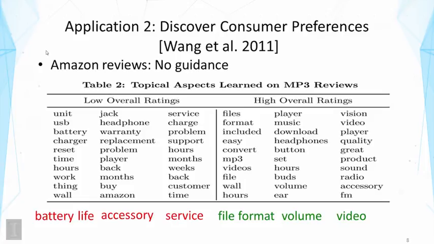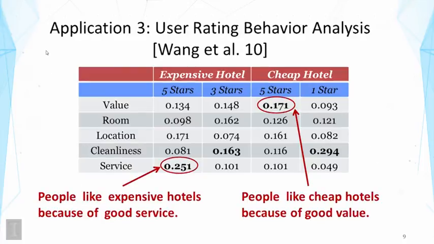So that can help us discover, for example, consumers' trend in appreciating different features of products. For example, one might discover the trend that people tend to like larger screens of cell phones or lighter weight of laptops, etc. And such knowledge can be useful for manufacturers to design their next generation of products.